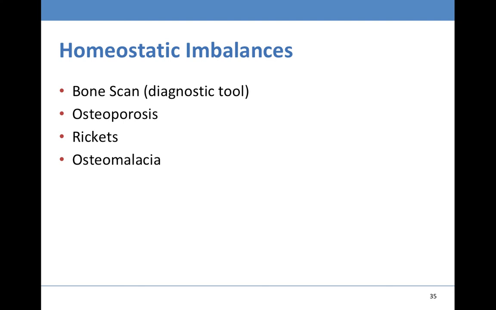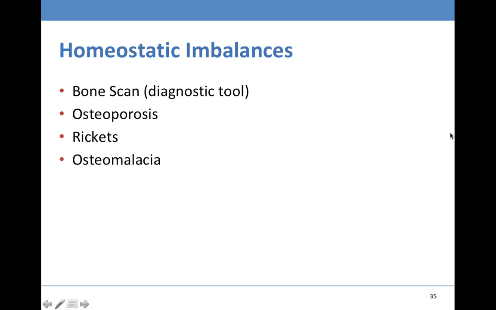And then rickets and osteomalacia, these are both disorders in which the bone fails to calcify, typically due to a vitamin deficiency. Not commonly seen really anymore in our developed countries.